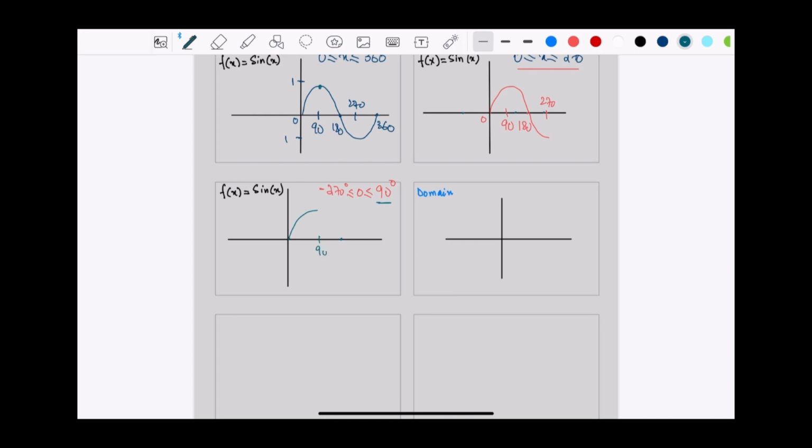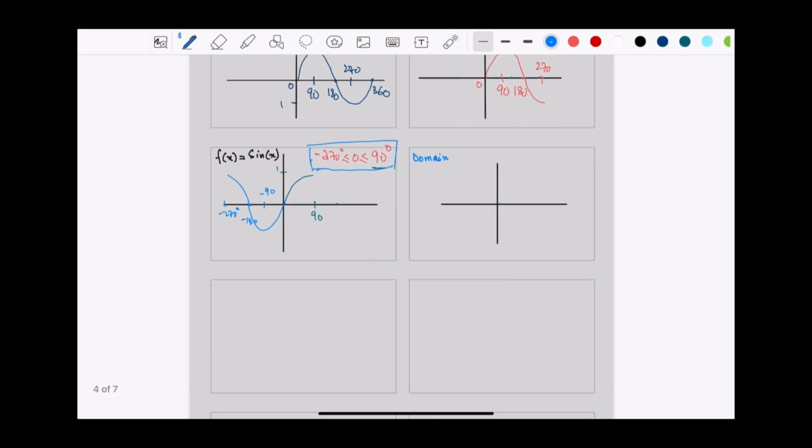This is my 90 degrees where the graph touched 1, and going backward makes it negative 90, 180, and then 270. So this here is negative 90, this is negative 180, this here is negative 270 degrees. The graph may look like this for this domain, although it just occurred to me that it looks familiar to another graph, but we'll discuss that later on.